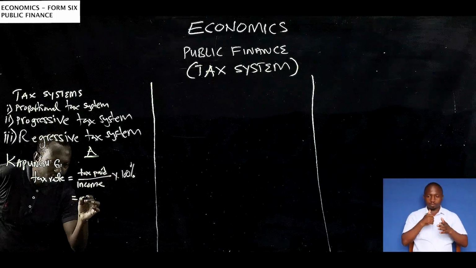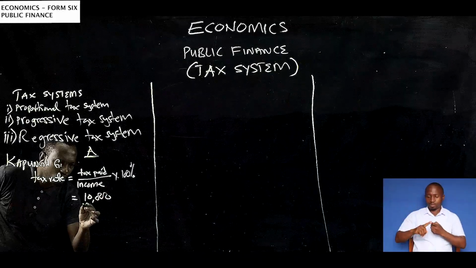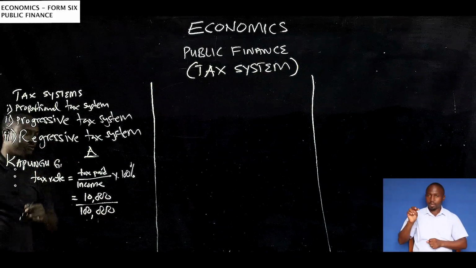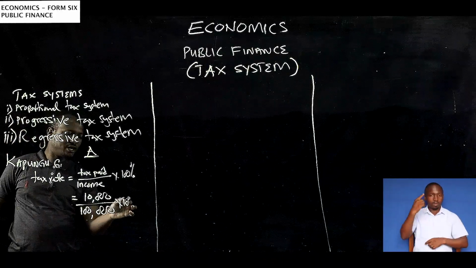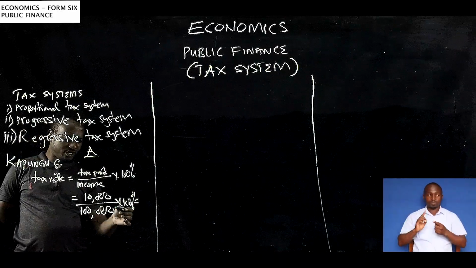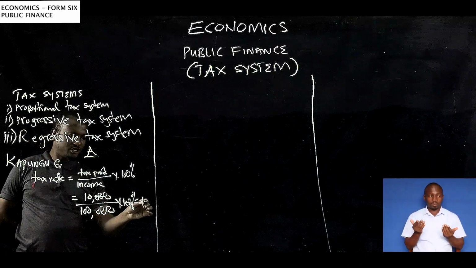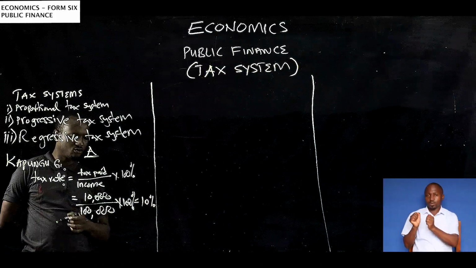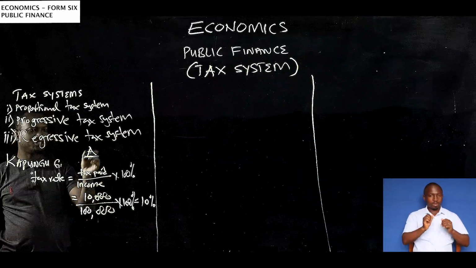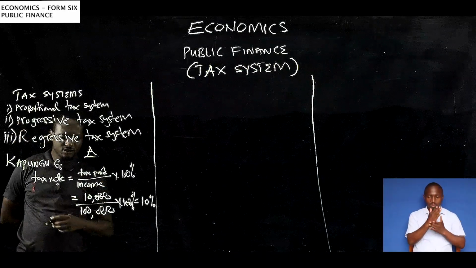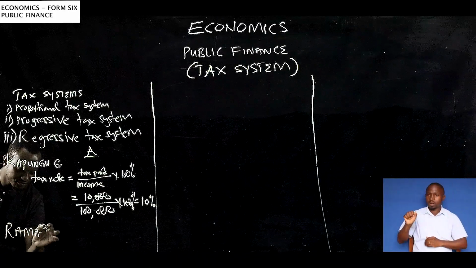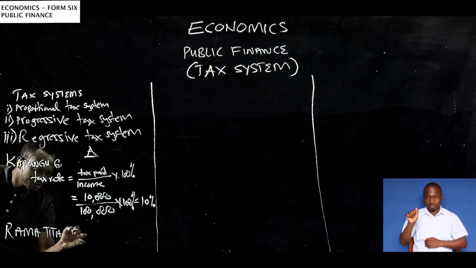So from Mr. Kapungu G, the tax paid seen at column A is 10,000, while his income was 100,000 times 100%. Here we get 10%. So Mr. Kapungu paid 10% of his income at A. Let's see Ramatita.